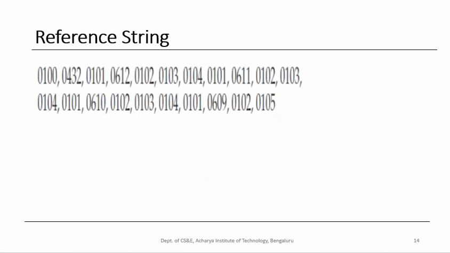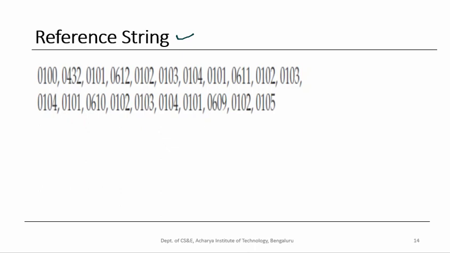Before I proceed to discuss first in, first out page replacement algorithm, let's see what this reference string is, because we will be using the reference string in order to understand the different page replacement algorithms. Now here, these are the references that are made to some memory locations by the central processing unit.